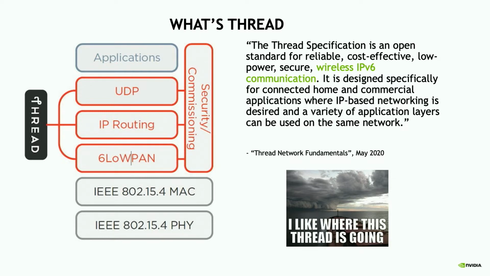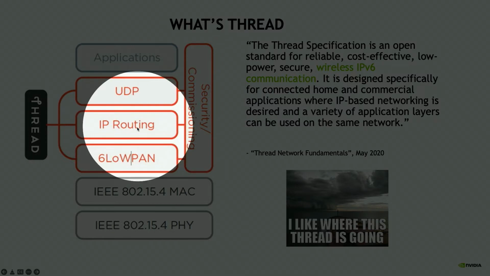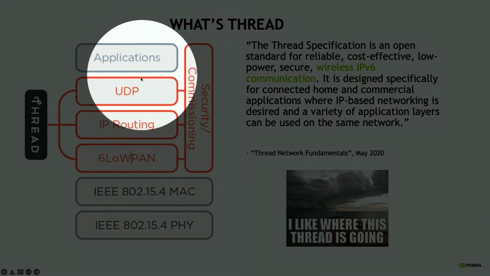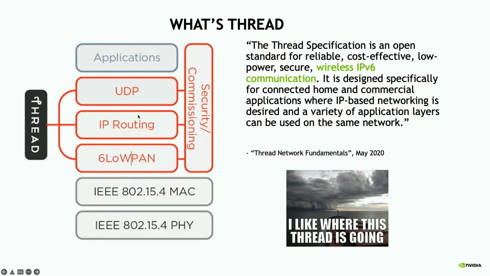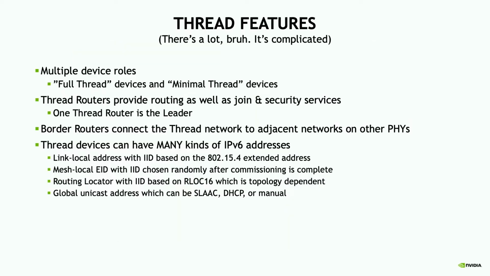So basically, it's going to sit there right in the middle. Matter sits up there at applications. This sits down here. And it's supposed to handle onboarding, providing secure communications, all that kind of stuff between your smart home devices and whatever clouds or devices that you're using to control them.